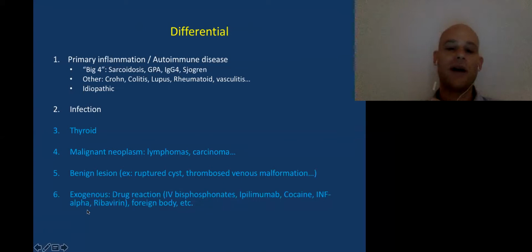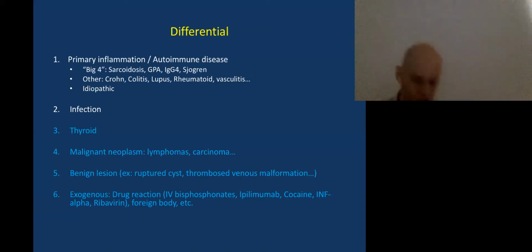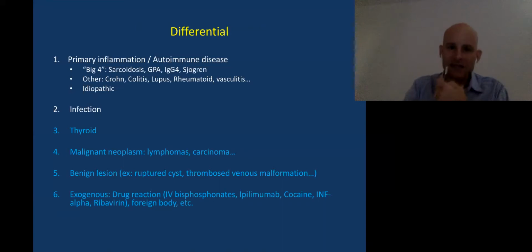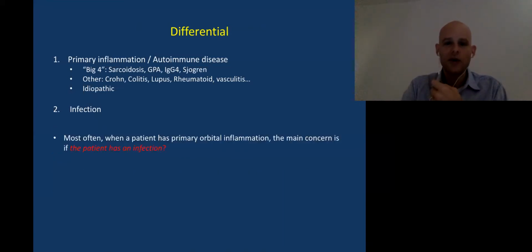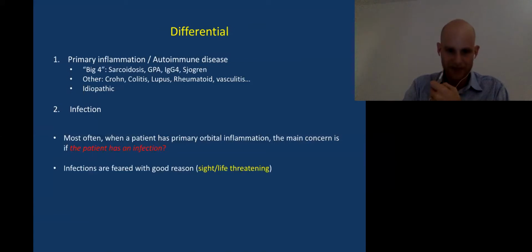And foreign body, I also always ask about a past history of any type of trauma or any type of surgery around the orbit. So when you really look at this from a practical standpoint, when these patients walk into your clinic, what you're really asking yourself is, does the patient have an infection or is it in this autoimmune category?